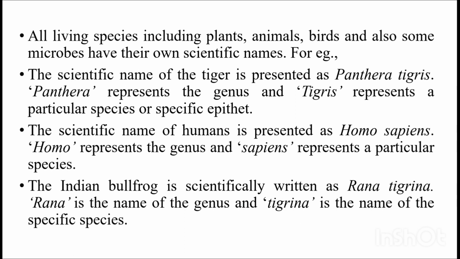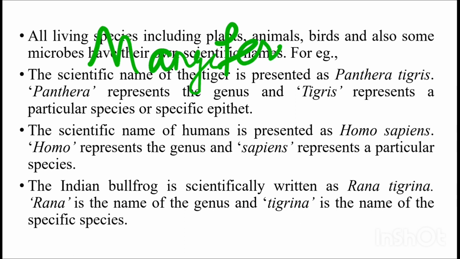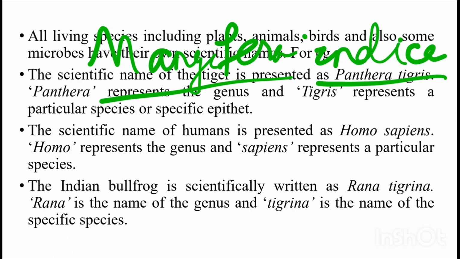For example, tiger have the name Panthera tigris, where the Panthera, another important thing, in this two-worded name, suppose Mangifera indica, in Mangifera indica, Mangifera is the genus name and indica is the species name.